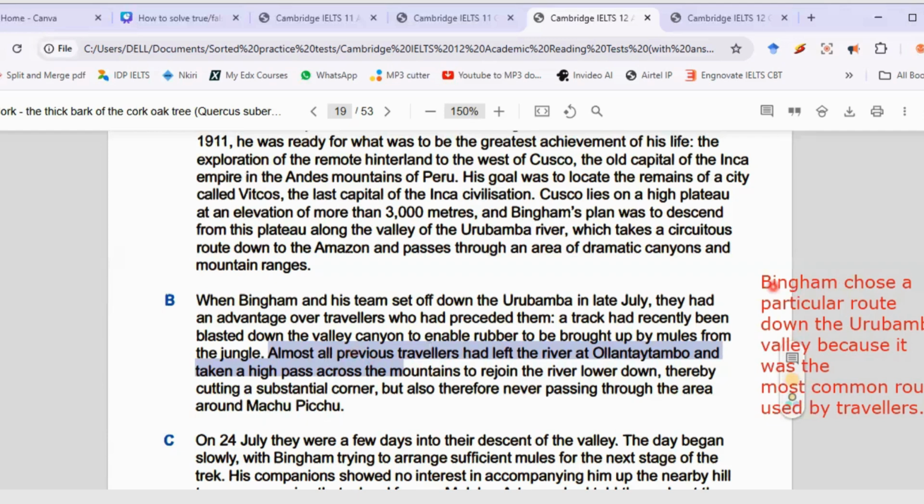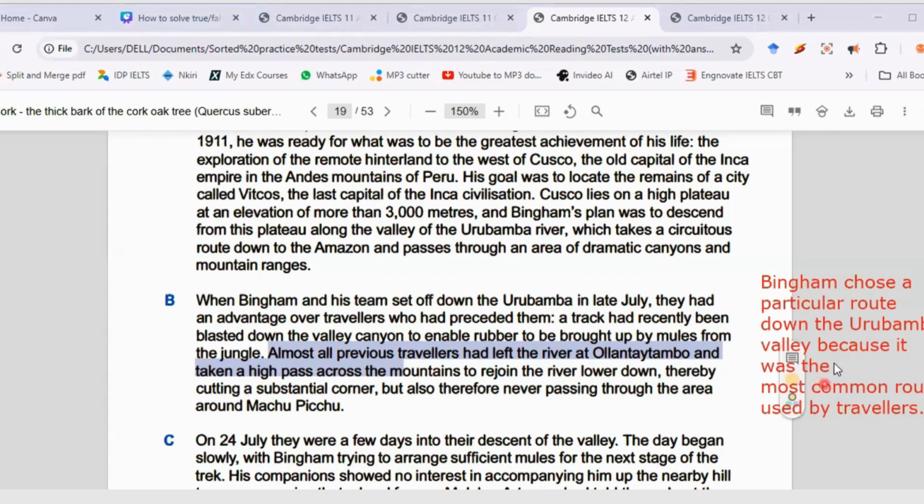So Bingham chose a particular route because, now what is the reason? This statement says that he chose it because it was the most common route. No, he did not even use that most common route. He used a different route. So you see that this statement is 100% contradicted. Our answer is going to be false.